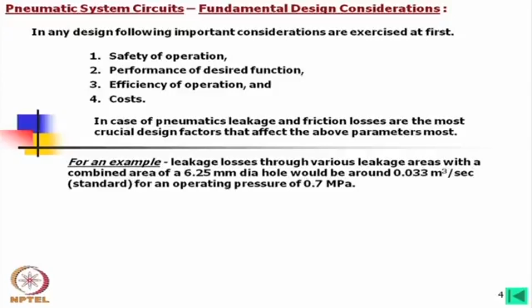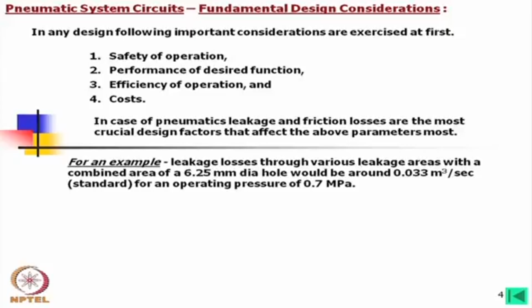Now, for an example, consider leakage losses through various leakage areas with a combined area equal to a 6.25 millimeter diameter hole. That means we are considering the orifice through which the leakage occurs as 6.25 millimeter diameter. This is a very rough estimation, because summing up all the areas becomes equal to the area of a 6.25 millimeter diameter hole.